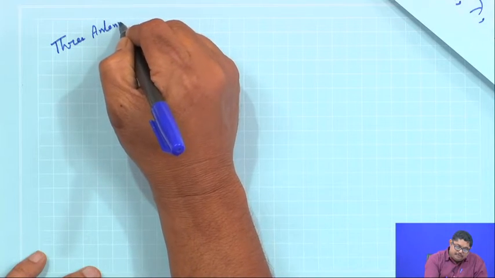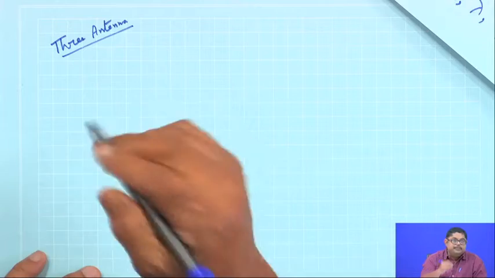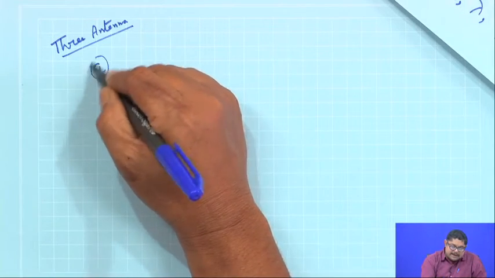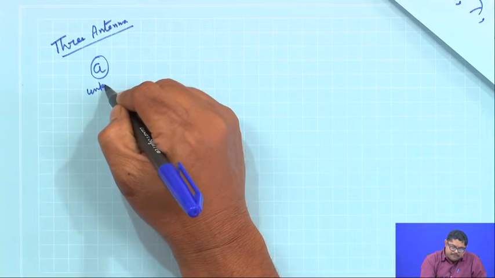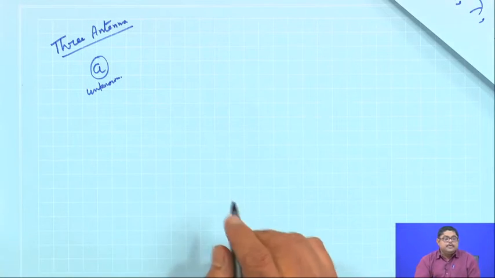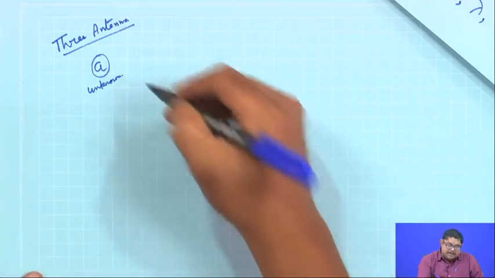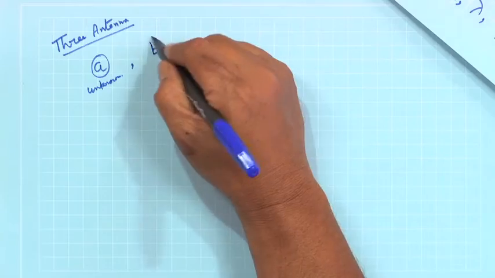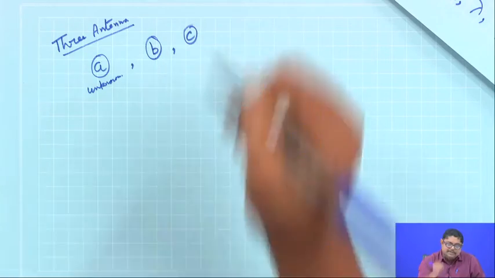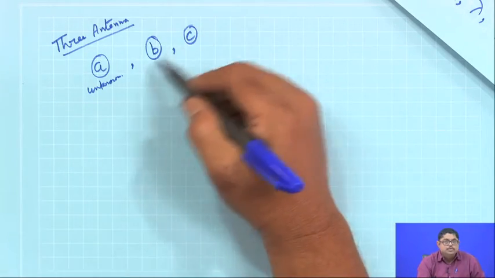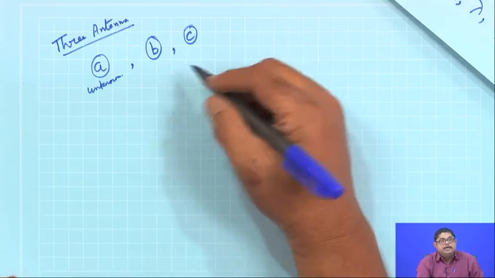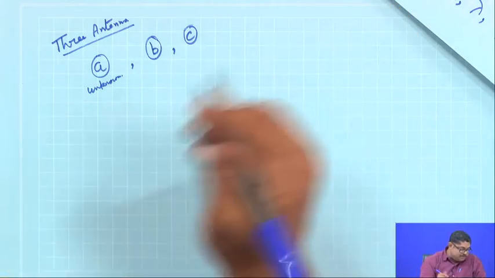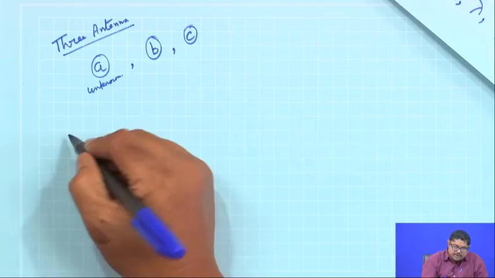Suppose A is an antenna which is unknown. I need to have 2 more antennas, let the names be B and C. Now, I do not even need to know the gain of B and C, but I require 3 antennas. So, actually 3 measurements need to be done.